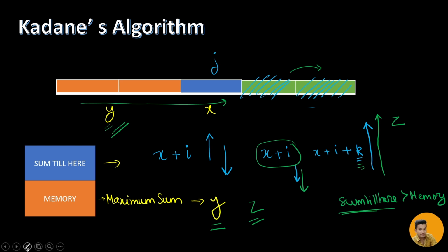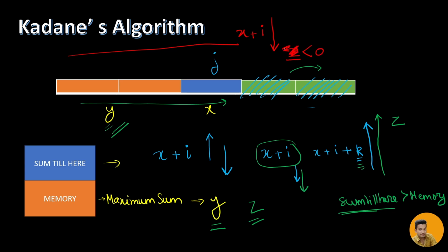Now in another scenario, let's use the red pen. Here the sum was x. If I added this number, let's say I, but this time I is pulling the number down, not to 0 but making it less than 0.